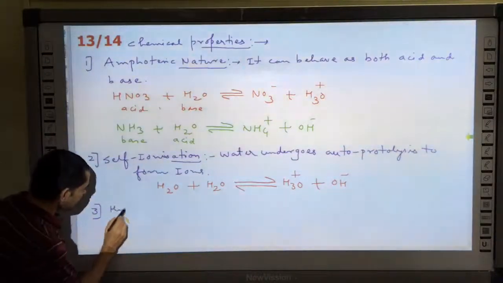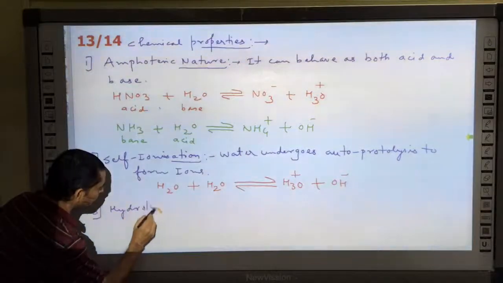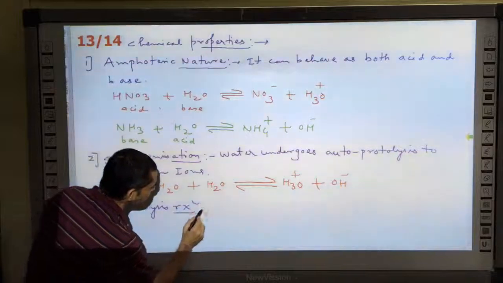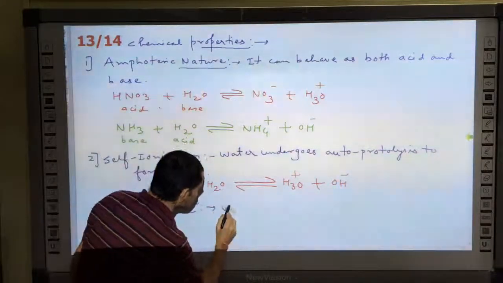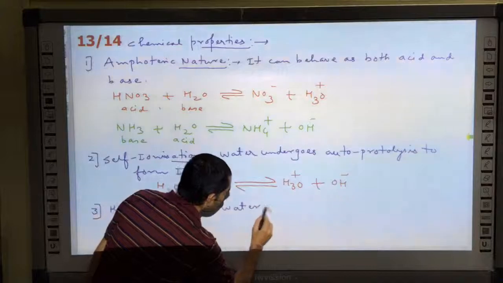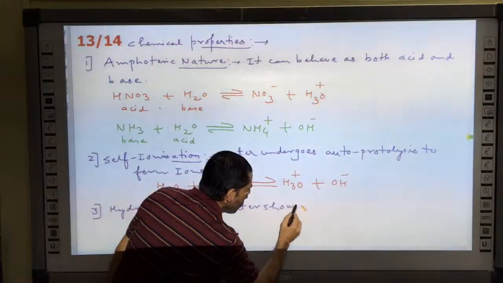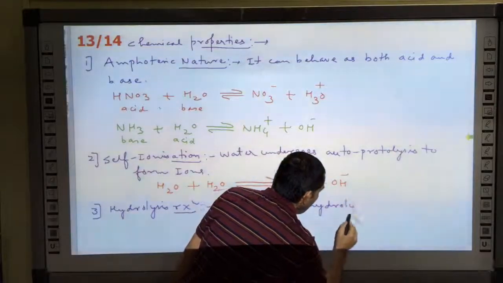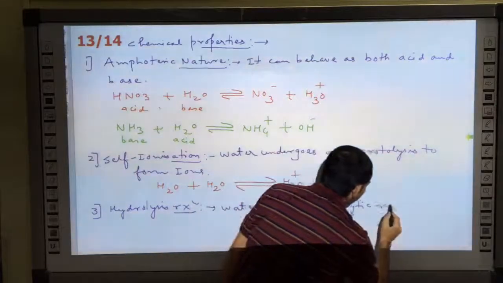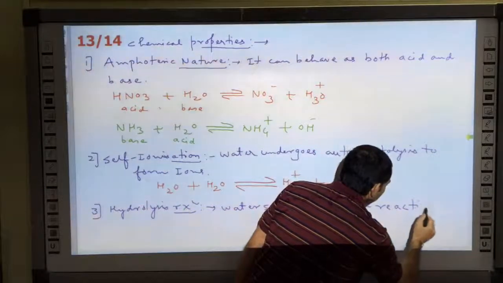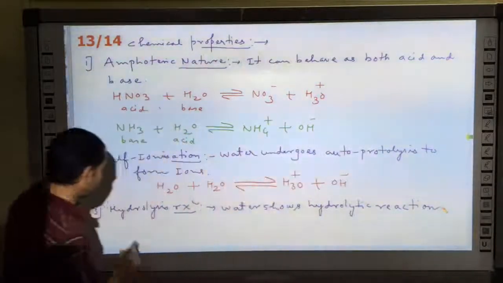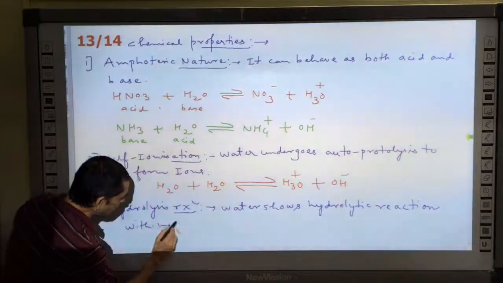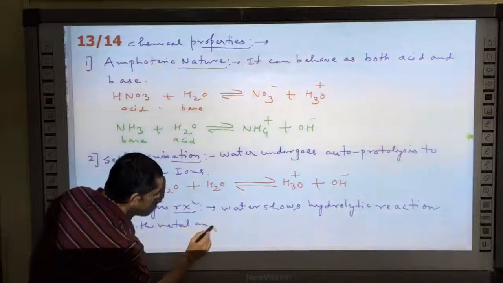Number third, hydrolysis reaction. Water shows hydrolytic reaction with metal and non-metal oxides.